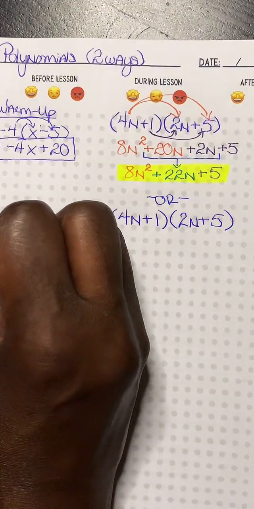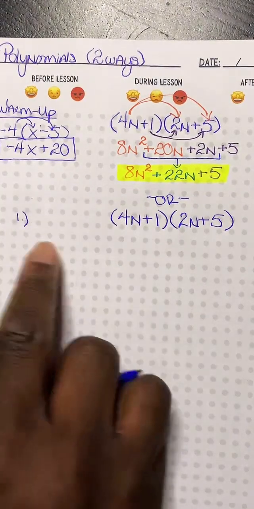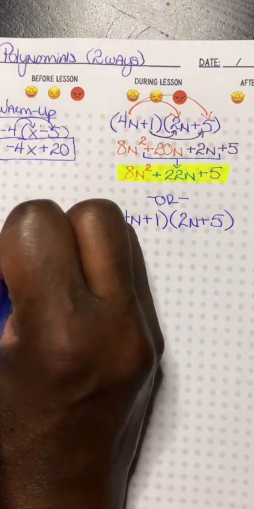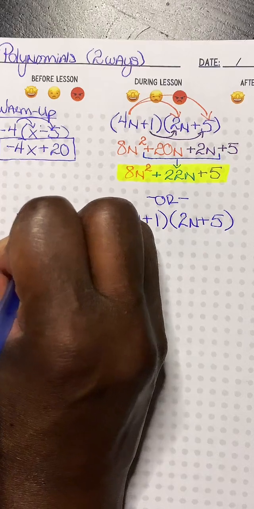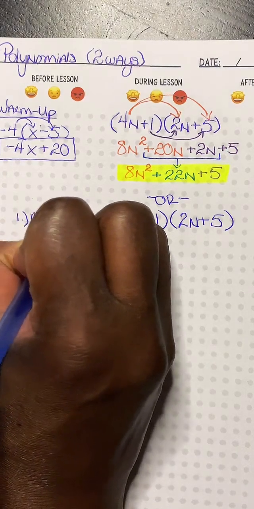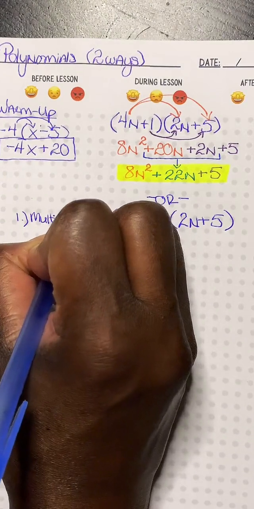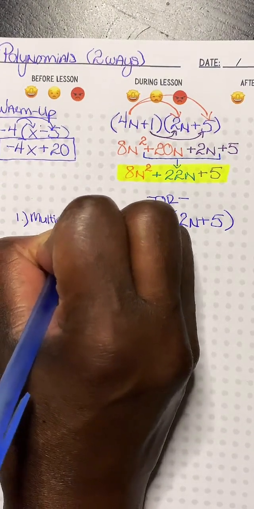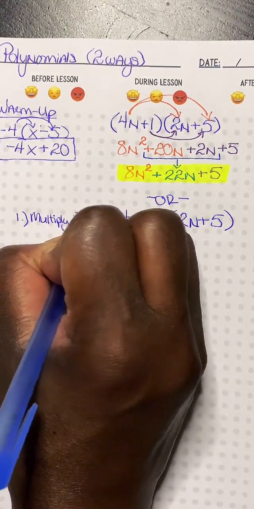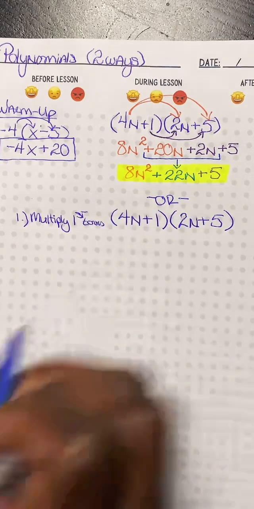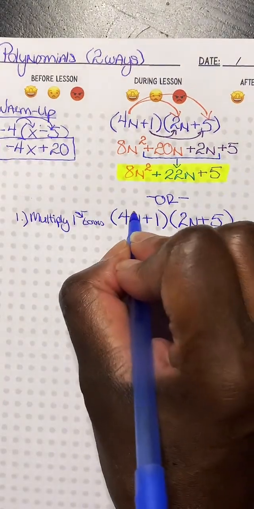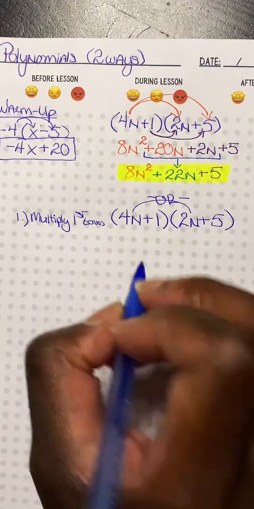So this is the other way I'm going to do that. So you want to multiply, okay, first terms. All right, so that gives me this one and this one.